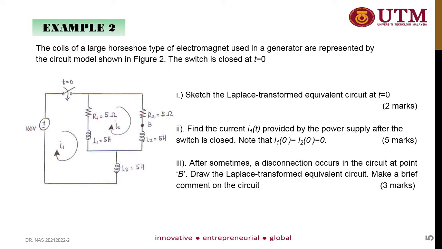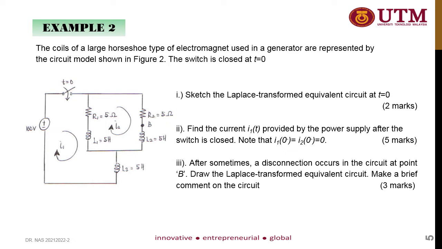So you need to sketch the Laplace transform equivalent circuit at t equal to 0, meaning that when t is less than 0, there's no current flow in the circuit, therefore there's no energy stored inside the passive components, and the initial current or voltage are zeros.